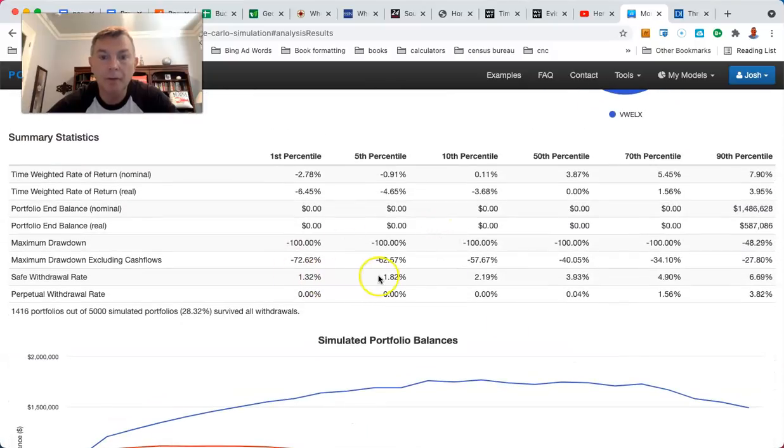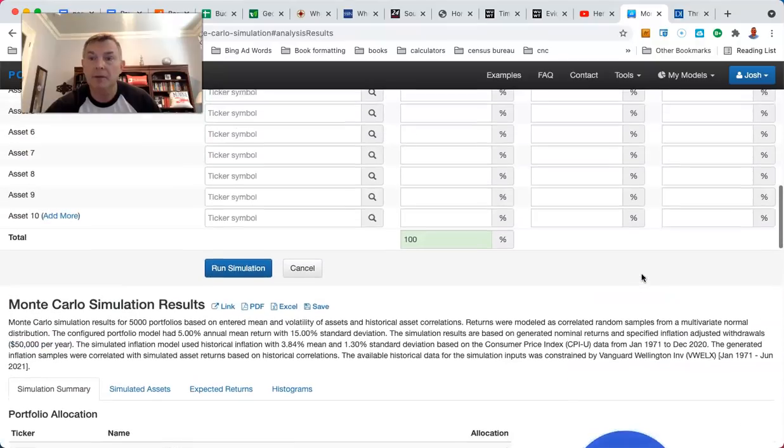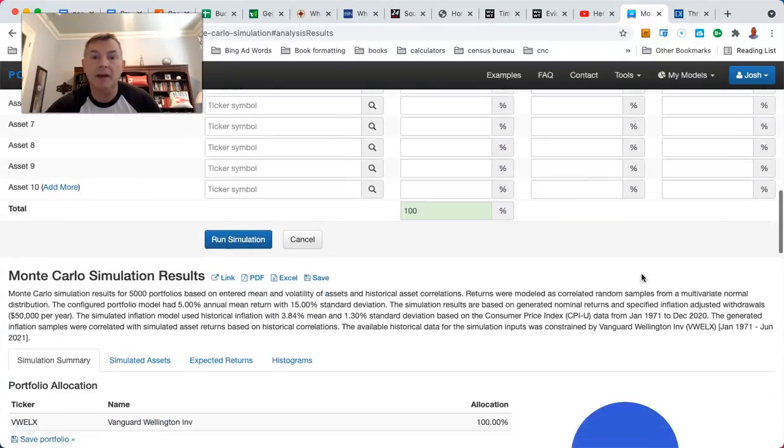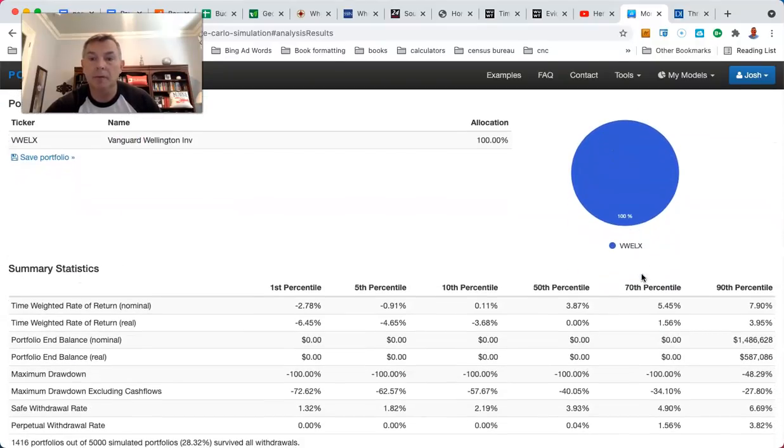If you were in the 1st or 5th percentile or 10th percentile, you can only take out 2% a year on your portfolio. 50th percentile, you can take out 3.93. 70th percentile, you could take out 4.9, and then finally 6.6. So that gets a little bit dicey right there.